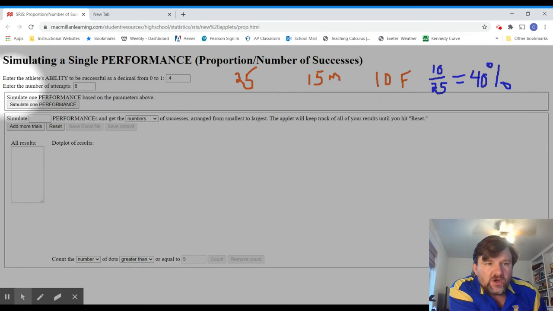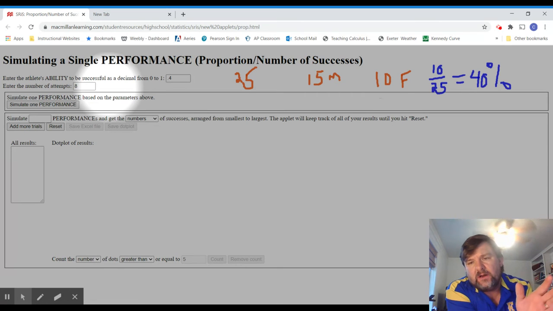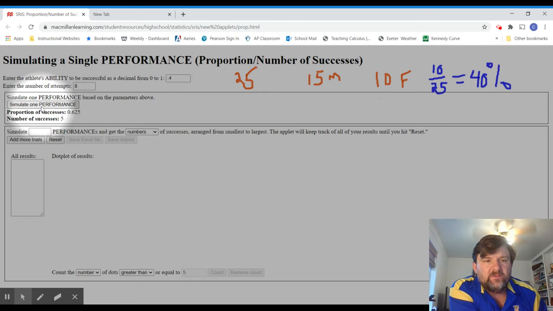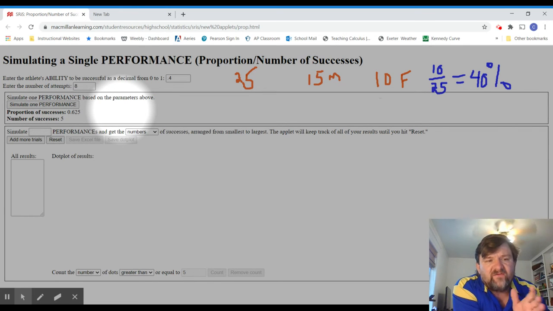We know that they chose 8 times. Every time they choose one, there's about a 40% chance. I know it's not exactly so because we've already chosen one pilot, but we're not going to get into that right now. The idea is that you simulate one performance. If I click on one performance, that's what I get. They chose 5 pilots that were female. That's one single performance.